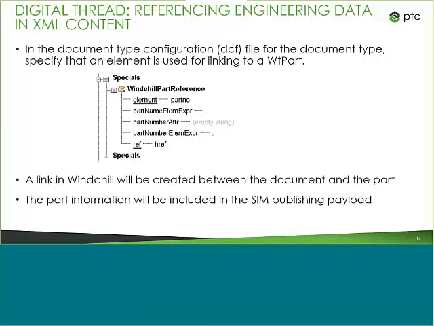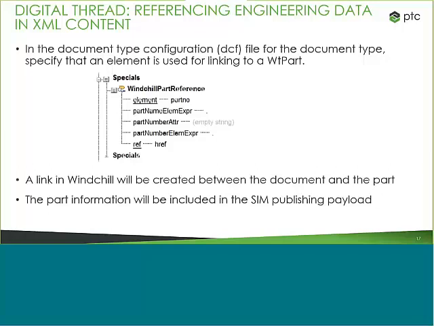And as you can see, there's a few other things you can specify about Windchill part reference, but you can also identify a particular element or attribute related to what should be the part name or the part number. But I won't go into that today.